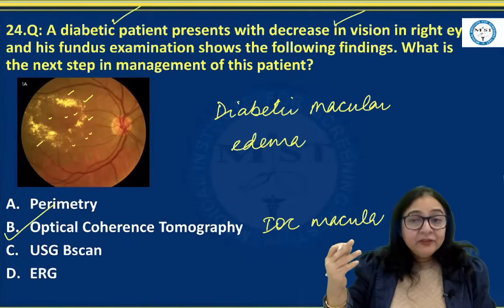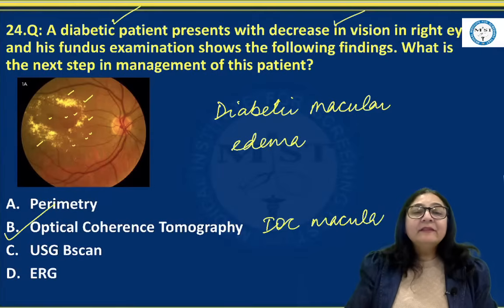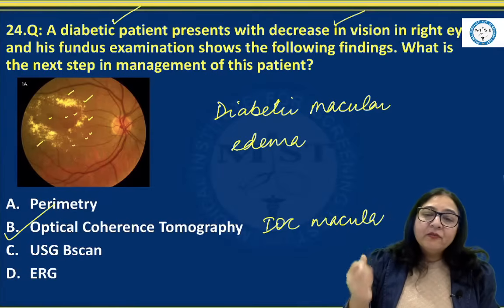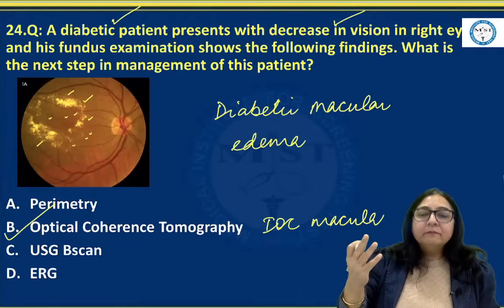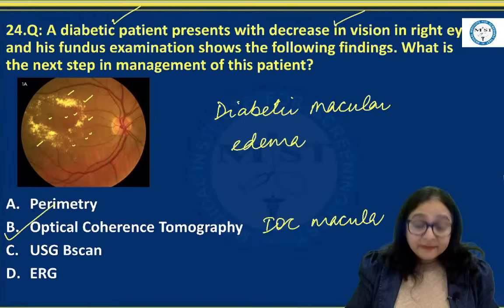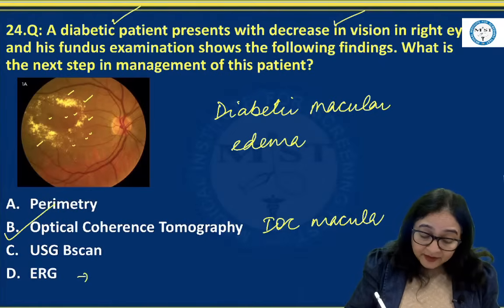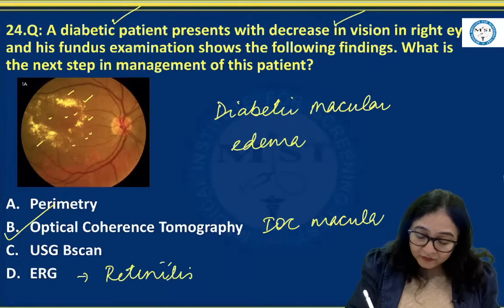Ultrasound B scan we do when we are not able to visualize the fundus, for example, in cases of vitreous hemorrhage or total cataract, or in the cases of intraocular tumors. ERG, electroretinogram, is done for diagnosis of retinitis pigmentosa.